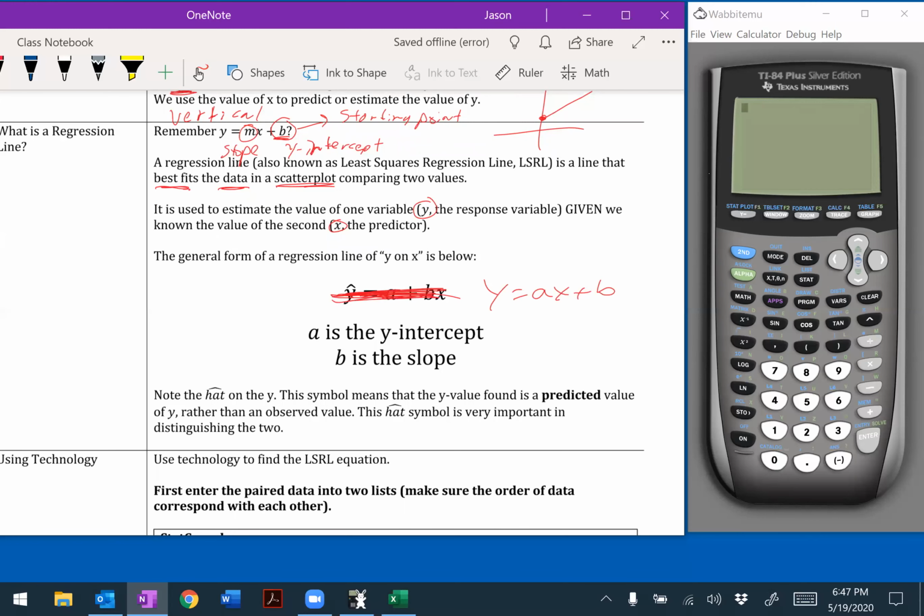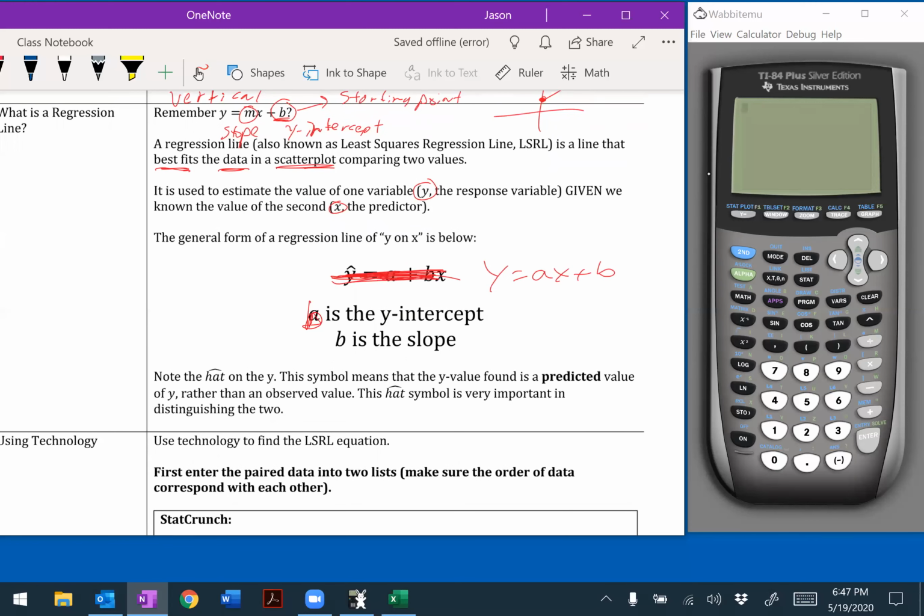So b is the y-intercept, a is the slope. B is the y-intercept, A is the slope. So yeah, update that. I just want to switch A and B, otherwise it's going to get really confusing when I use the calculator.